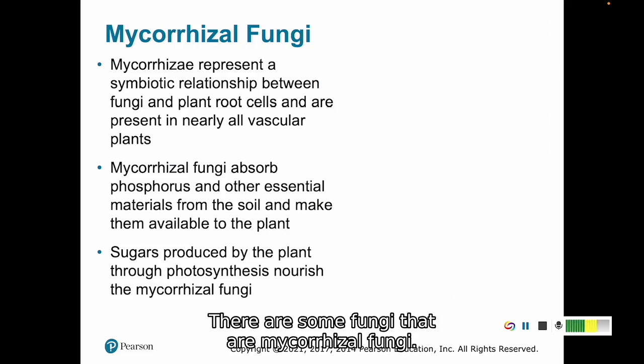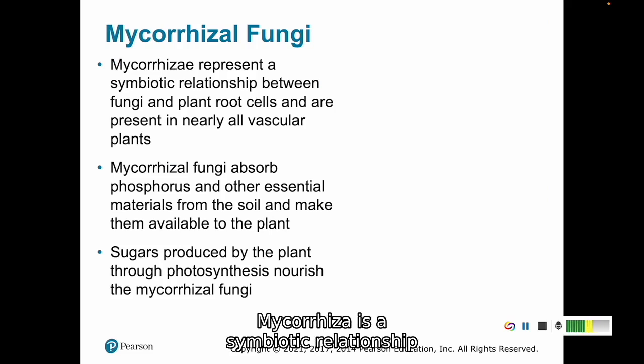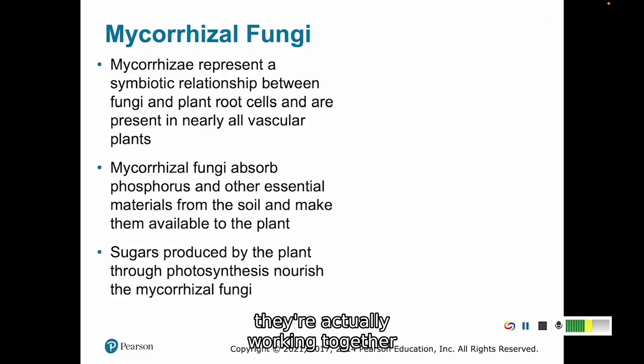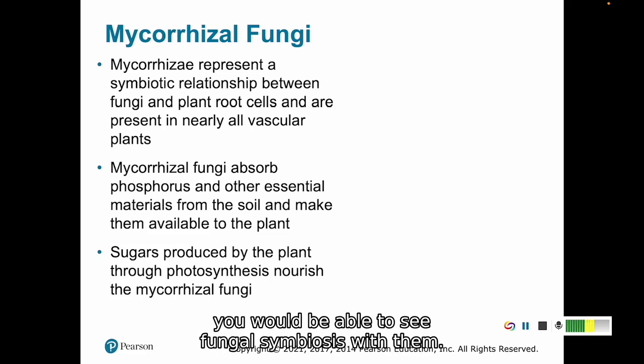There are some fungi that are mycorrhizal fungi. This mycorrhizae is a symbiotic relationship between fungi and plant root cells. So instead of the fungal cells attacking the plant, they're actually working together in a symbiosis with the plant root cells. And they are present in nearly all vascular plants. If you were examining their root cells, you would be able to see fungal symbiosis with them.